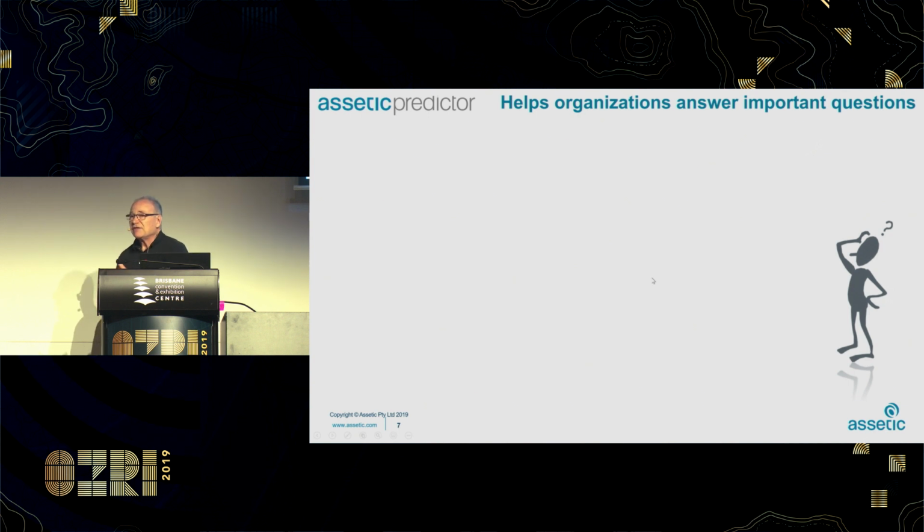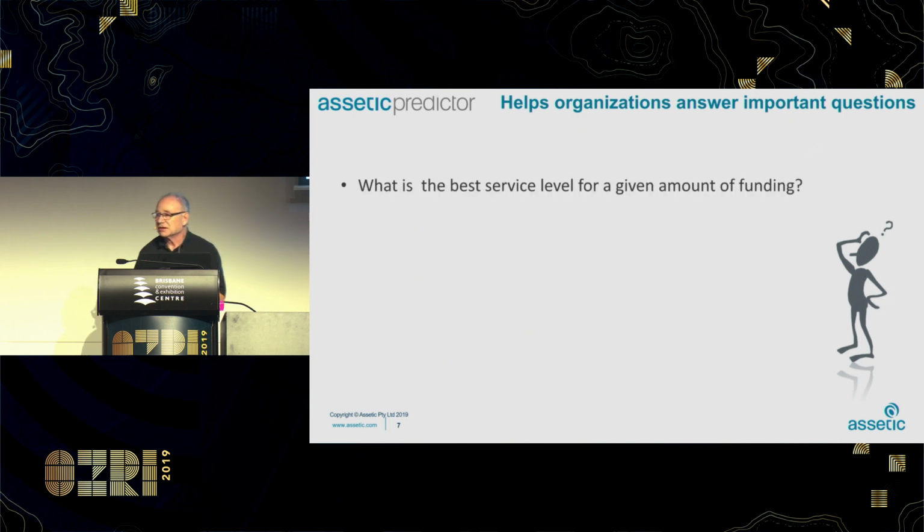Now, when we develop these life cycle models, we have a purpose in mind. Our purpose is to answer some very important questions that may come from the public and from council. These questions may be presented in different wording, but I'm just going to present some examples of the types of questions that life cycle modeling can help you answer as a community.